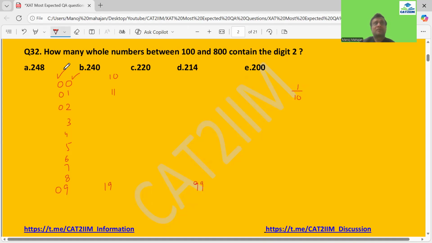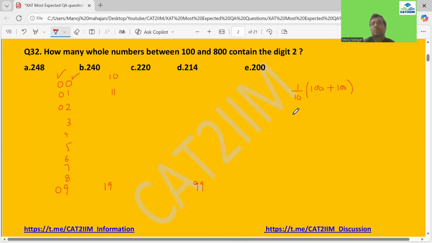And how many times do we have to fill the tens place as well as the units place? Each of them 100 times we have to fill. So if I look to fill the units place, it would be 100, and the tens place also 100. So I can calculate 1/10 of 100 for the units place and 1/10 of 100 for the tens place.